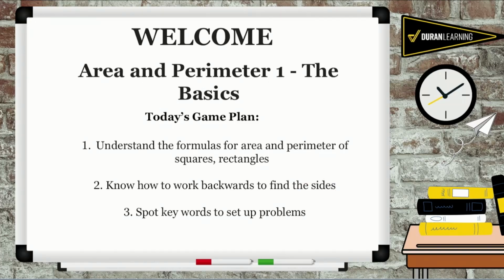And then lastly, we're really going to focus on the keywords that make a difference in every single problem that we do, like when we have area in a word problem, but are not told that it's area. Those are those big questions that you can get really easy points on if you know what you're looking for. So again, everybody, 1, 2, 3, we're going to understand the formulas, know how to work backwards, and every step of the way, really focus on those keywords.